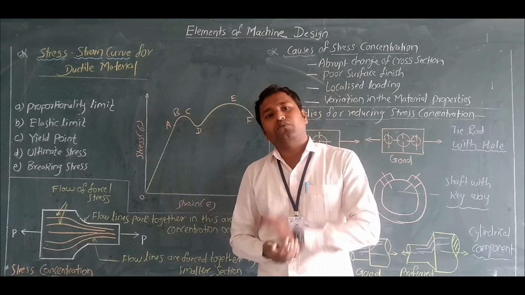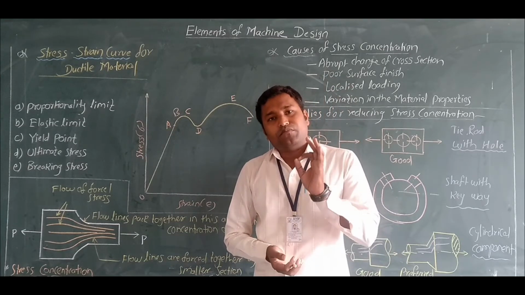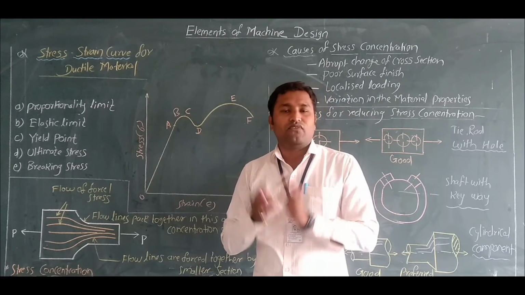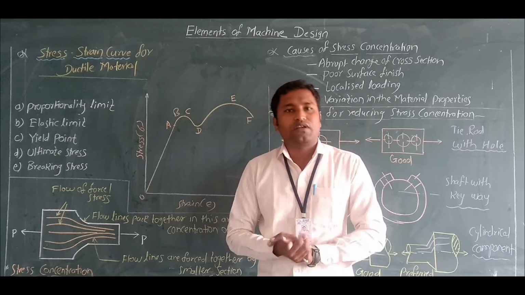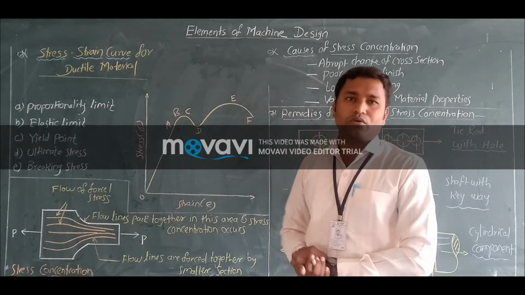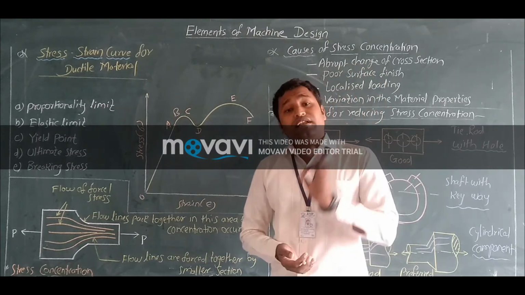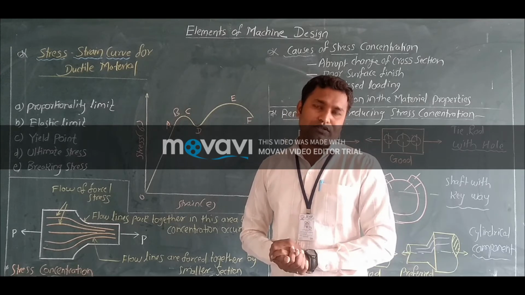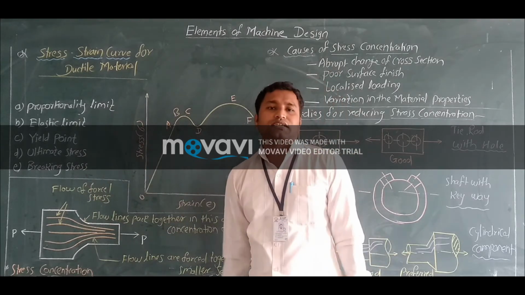Up to the point B, the material has elastic properties. When the load is removed up to the point B, the material regains its original size and shape. So that is called the elastic limit.